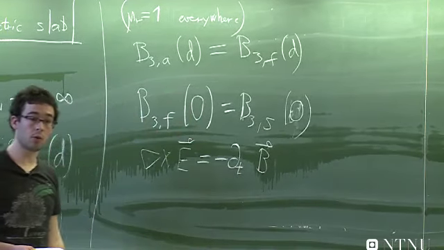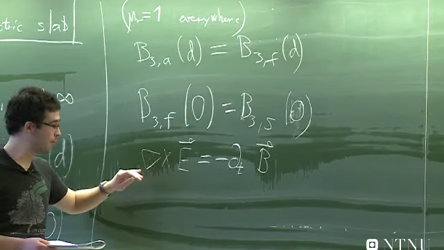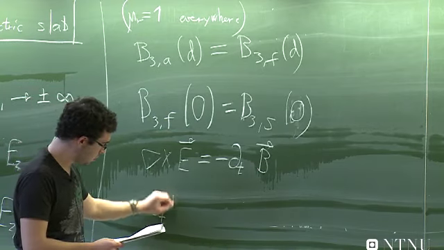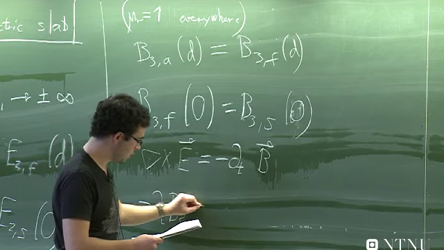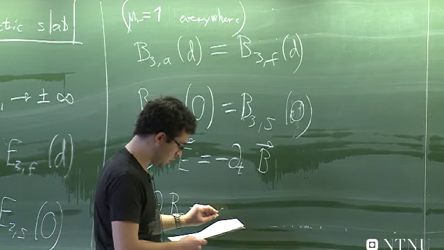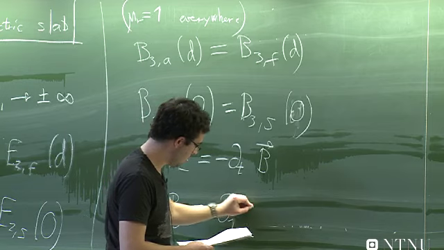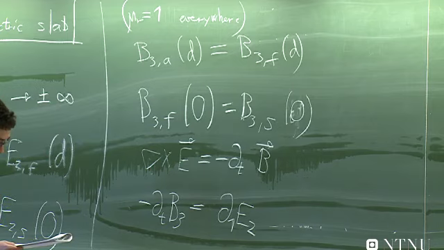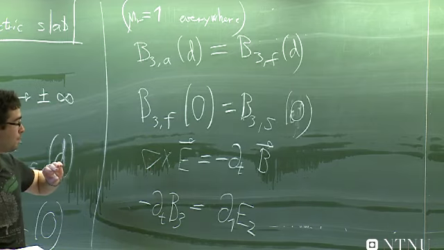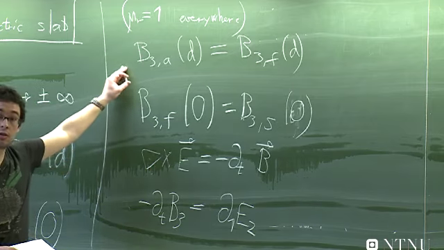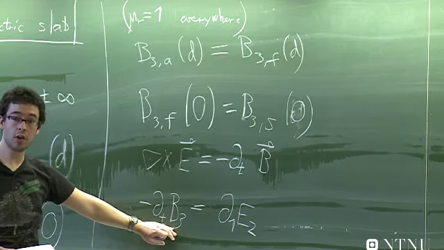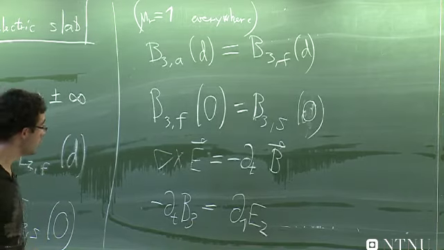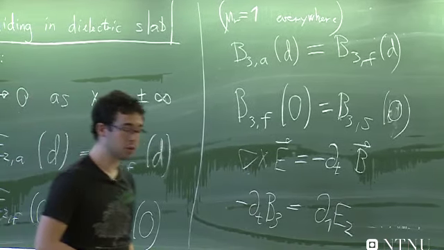If you write that out in component form, then one of these components looks like the following: minus dt of B3 is equal to d1 of E2. Okay, so I can write these two boundary conditions, instead of in terms of B3, in terms of E2 instead. And that's the component I have solutions for, so that's very convenient.